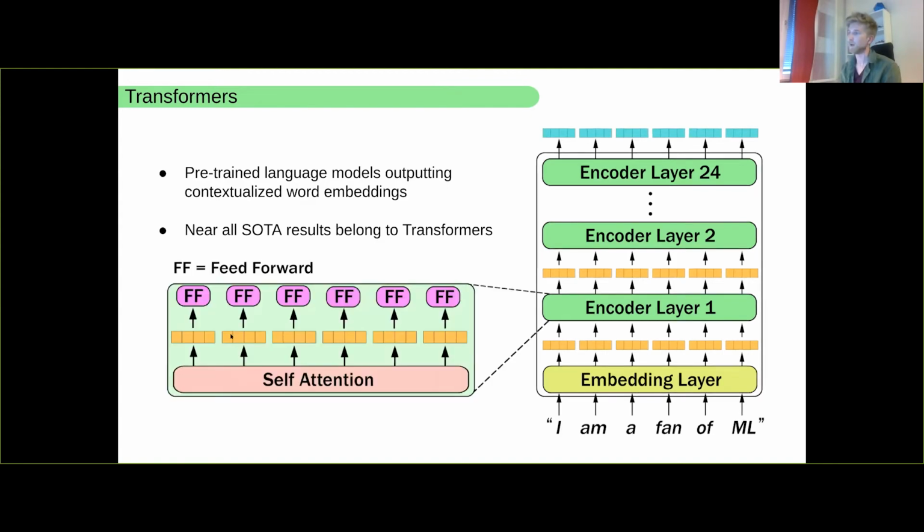The whole idea of most of these is basically self-attention. I'm not going to explain this here, but in essence, we pass all the words at the same time in parallel through the model, and we allow the words to attend to each other.